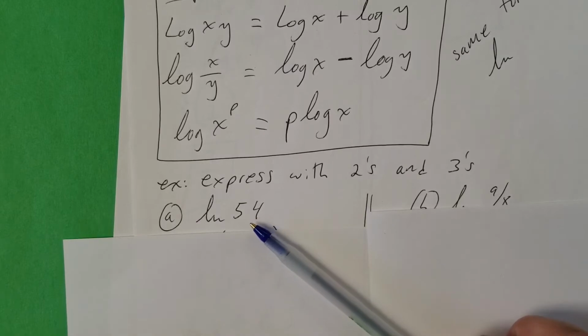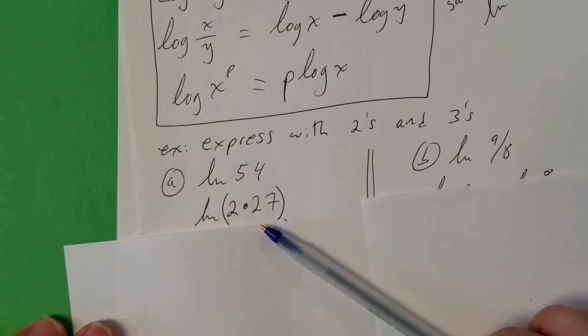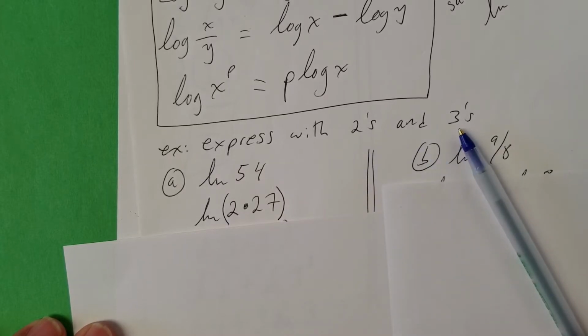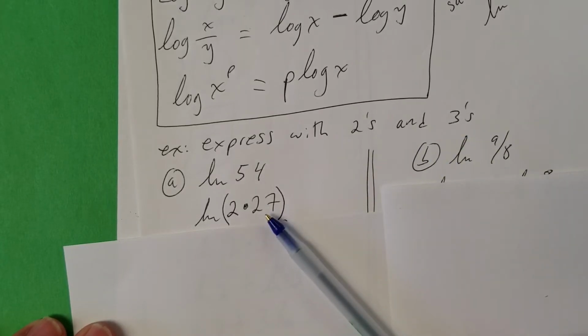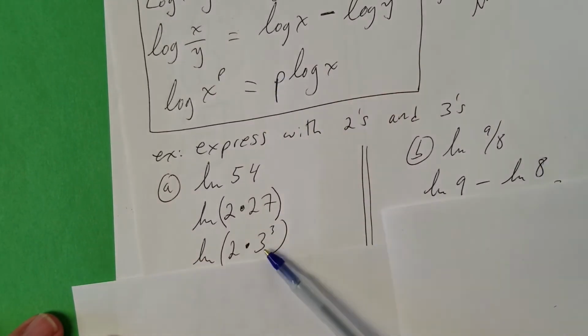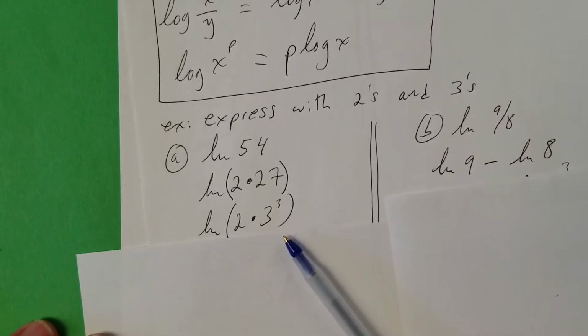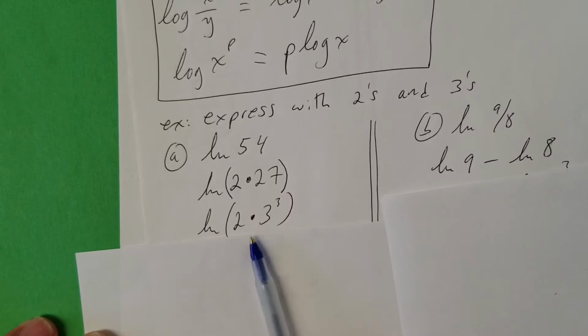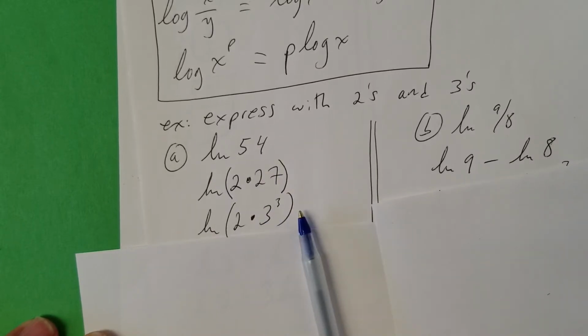Well, you know that 54 is 9 times 6, so maybe it's ln of 9 times 6. Oh, how about ln of 2 times 27, because we're looking for 2s and 3s. But that 27 is not a 2 or a 3. But we can express the 27 as 3 to the third power. So now the 54 becomes 2s and 3s: 54 is 2 times 3 to the third.